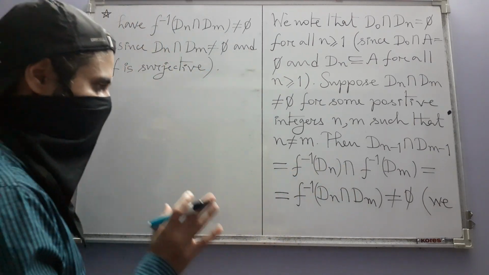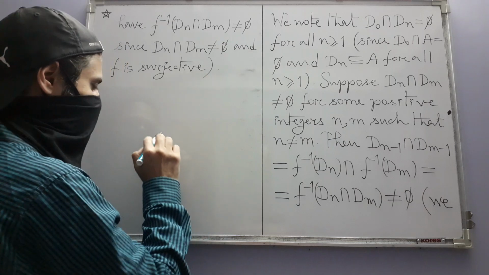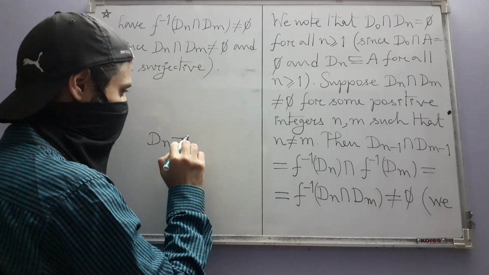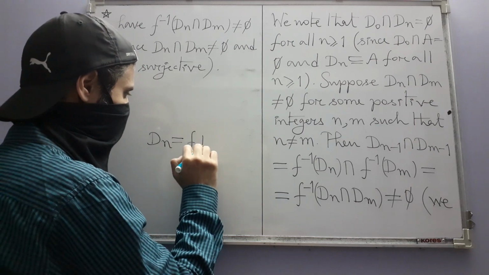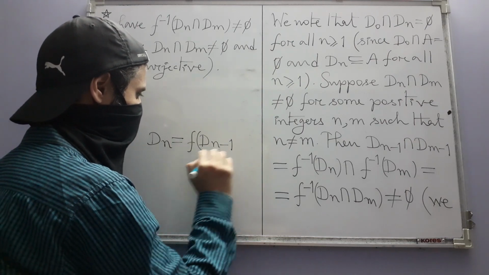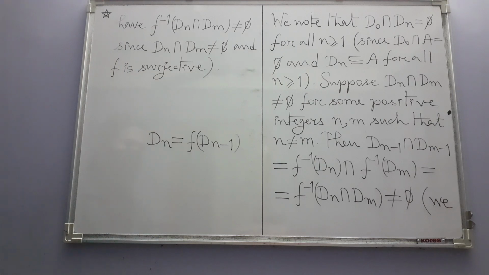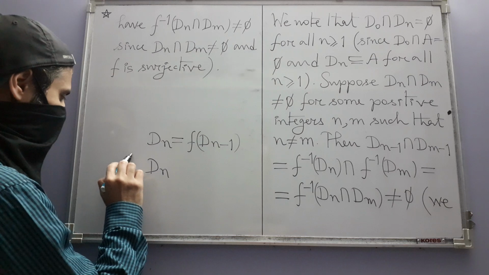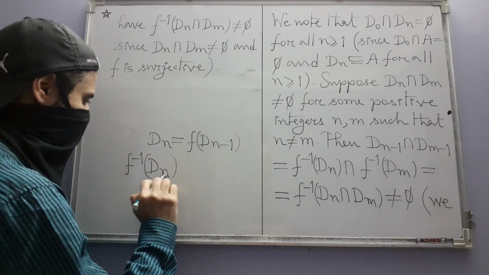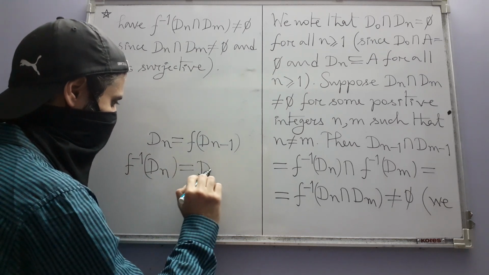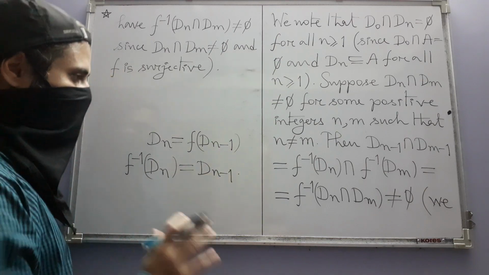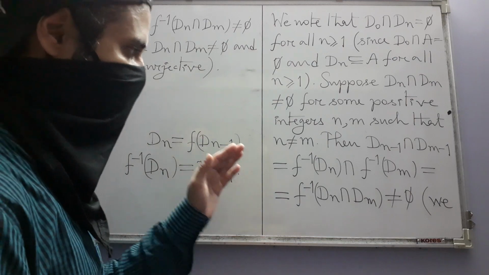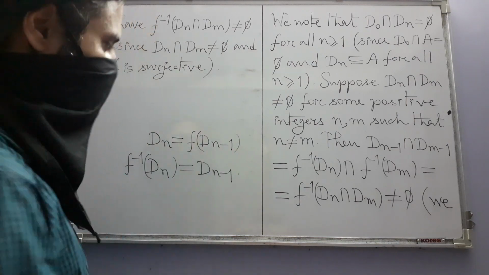But there is something else you must have noticed, which I haven't said anything about till now, namely that we know that Dn is equal to f of Dn minus 1, but does it immediately say that f inverse of Dn is equal to Dn minus 1? In general, it won't say anything like this, but keep in mind that f is a bijection.